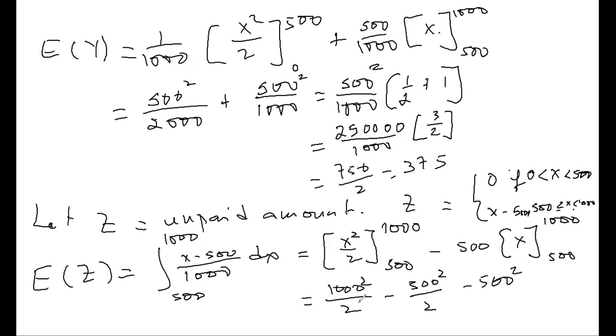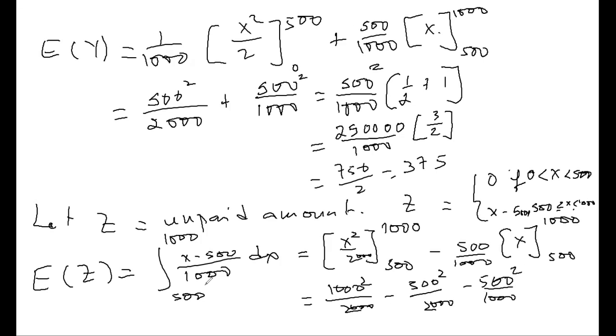I'm sorry, here is 2000 for this 1000 which is here. There is a 1000 here. This 1000 which is dividing this factor, I keep forgetting it.